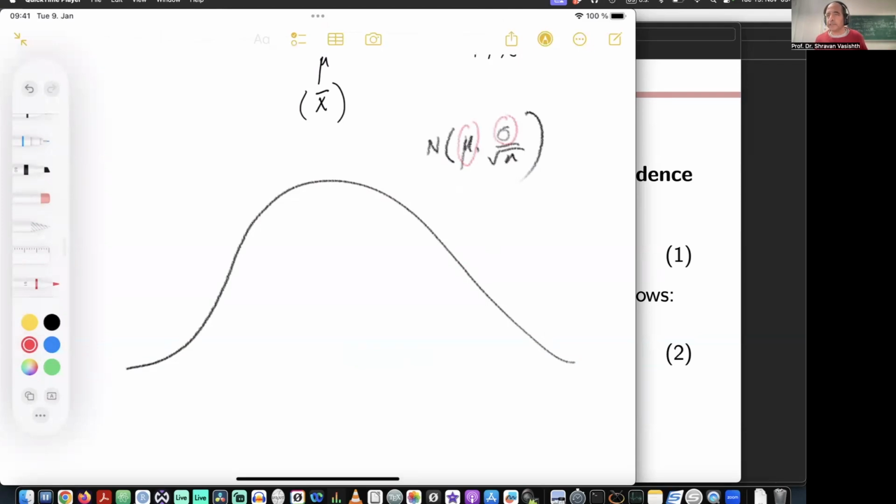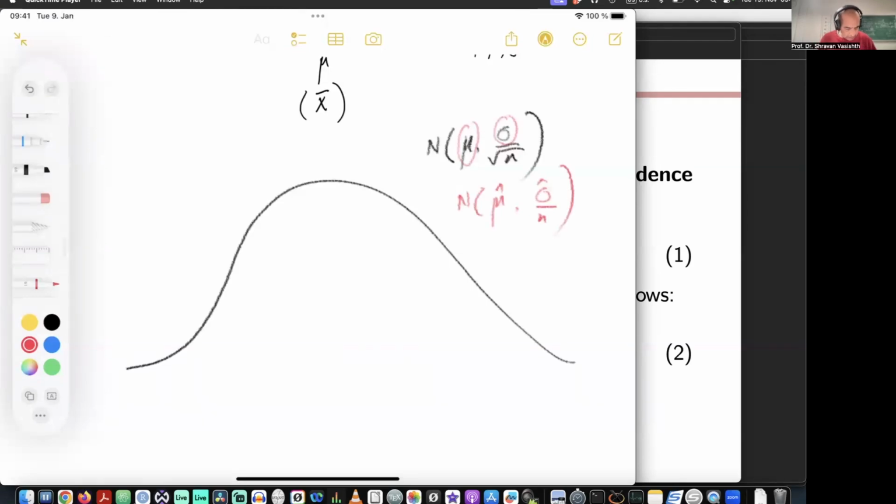Otherwise, we wouldn't need to do any data collection, right? If we knew what those parameters were. The whole point of data collection is to estimate some parameters so that we can learn about the world that we are studying, learn about the problem that we are studying. So instead of the true values of mu and sigma, what we are actually working with is estimates of mu and sigma from the data.